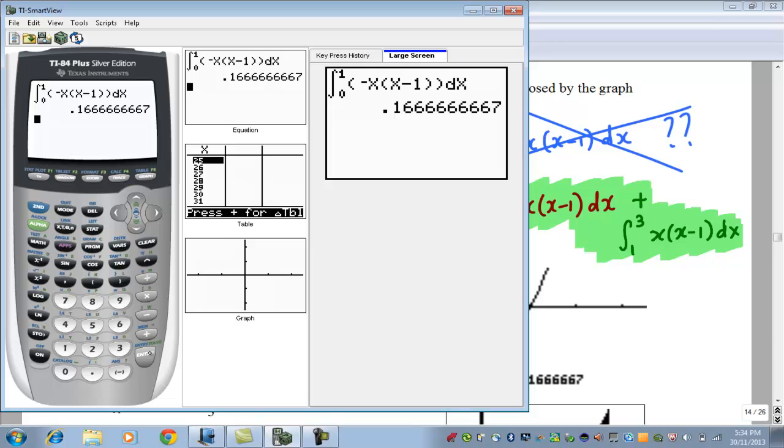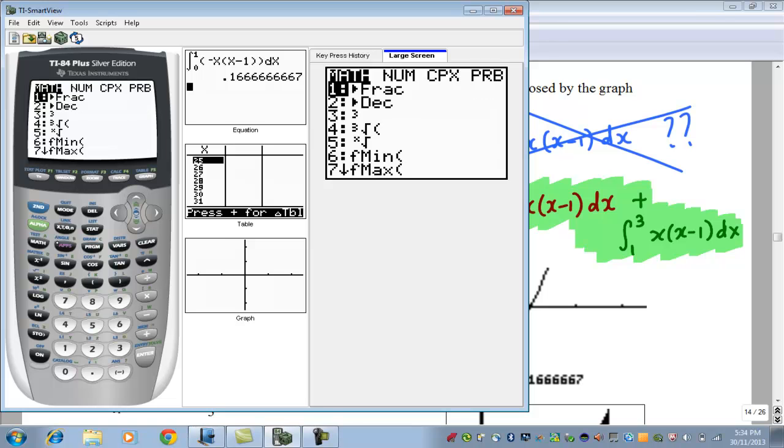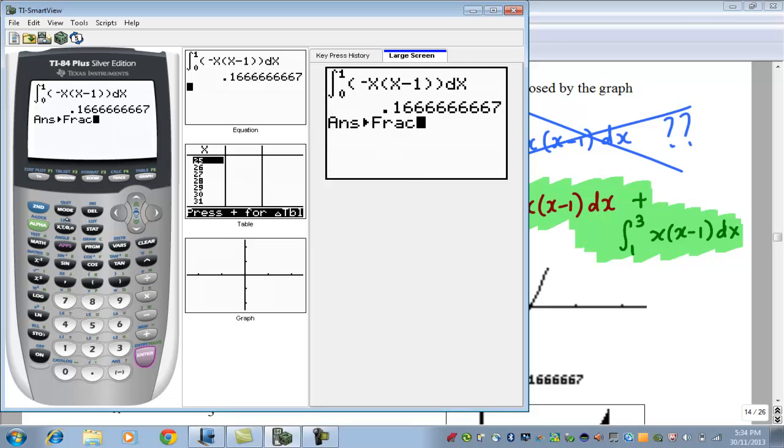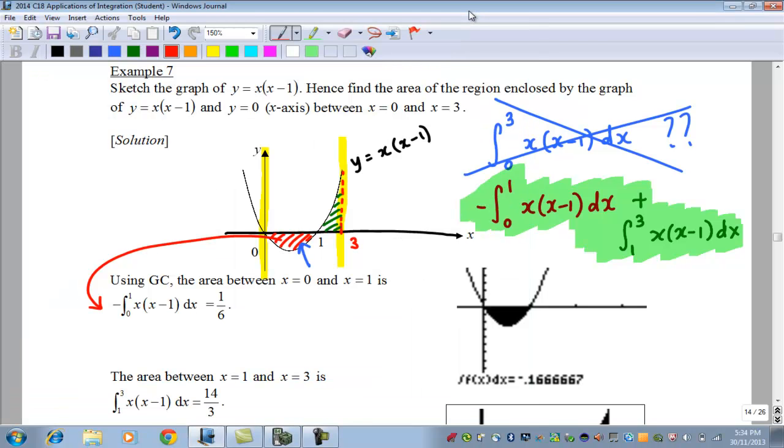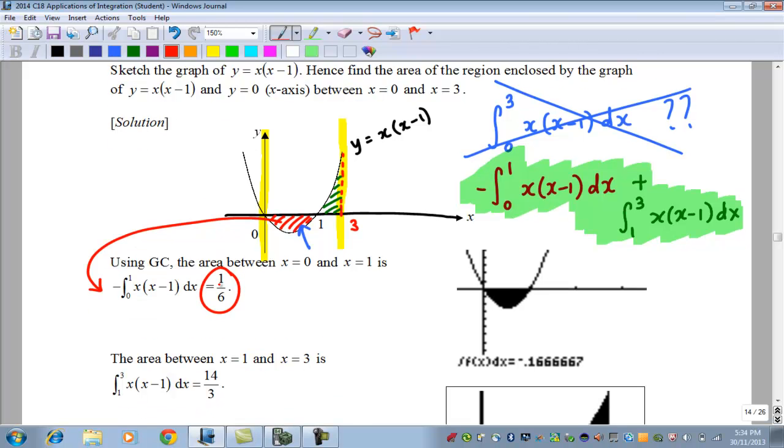By looking at this number, we know that it can be written as a fraction. So we can go to math, number 1, and enter 1 over 6. This is how the 1 over 6 is obtained.